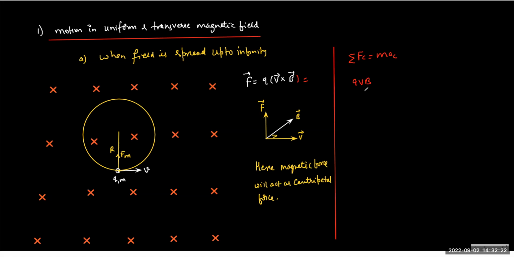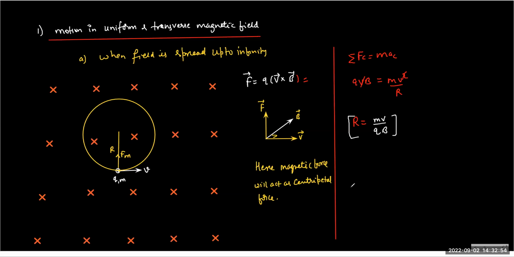When the field is transverse, then the formula becomes QVB. And because B is constant, the entire term is constant. And this we can equate to mv square by r. So the radius of the circle that it will traverse, we can write as mv by qB, right? That's very simple.